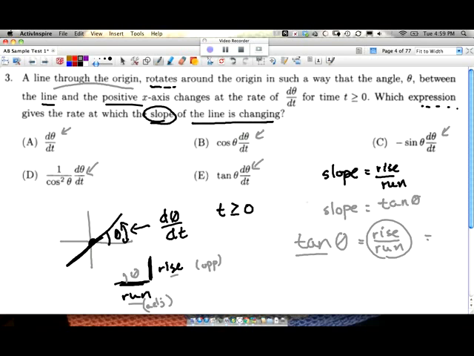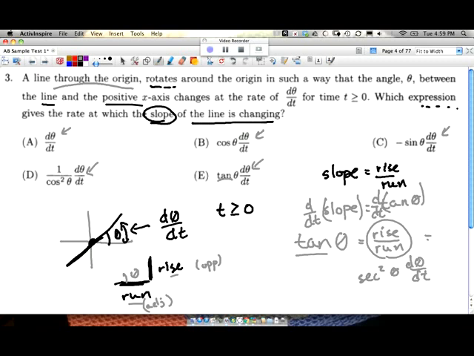It's asking what's the rate, or what's the d/dt of slope. So I got to take the derivative d/dt of both of those. So I take the derivative of tangent. Well, that's not too hard. That's secant squared. So that's going to become secant squared theta. Then we have this d theta dt, chain rule, implicit differentiation. That's why we have the d theta dt.